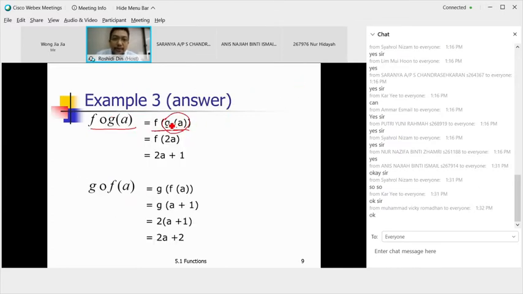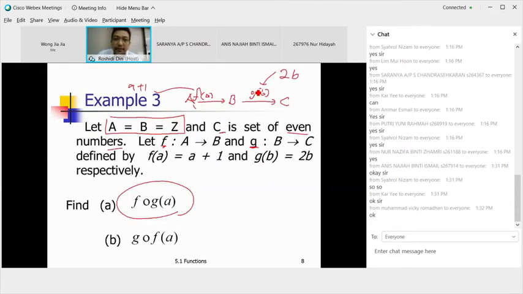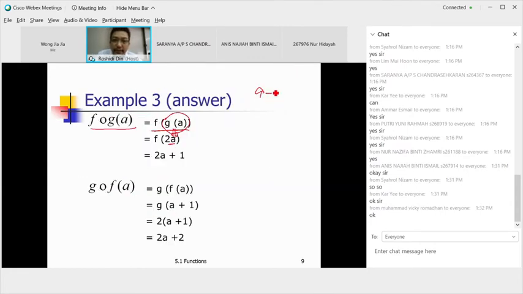So G of A will be 2A. So we just replace G of A with 2A. Then this 2A goes inside F. So F is actually A plus 1.